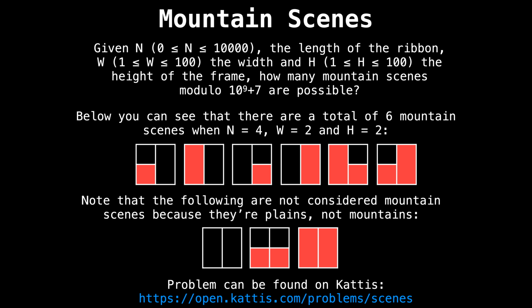We are also told that the frame's width and height will be no larger than 100. Furthermore, we need to return the number of mountain scenes modulo 10^9 + 7. Below you can see that there are 6 possible mountain scenes when n equals 4, w equals 2, and h equals 2. Remember that the artist does not draw plane scenes, so we should not count the plane scenes illustrated at the bottom of this slide in the final count.